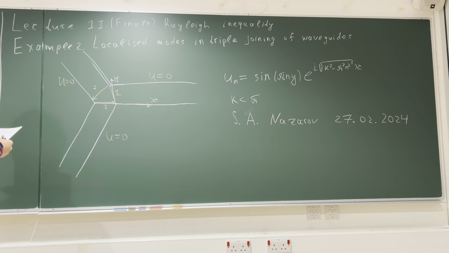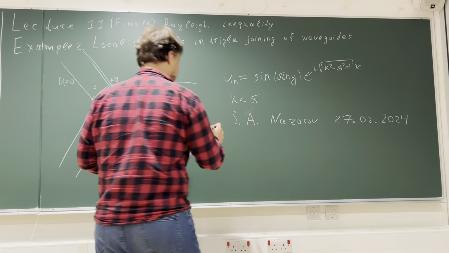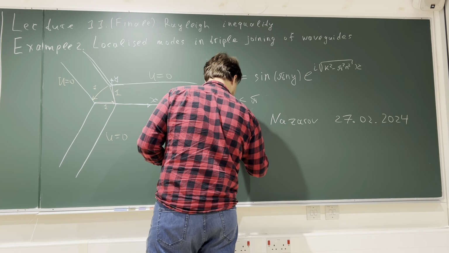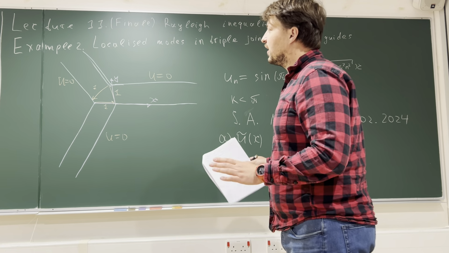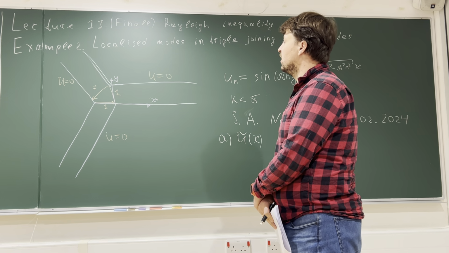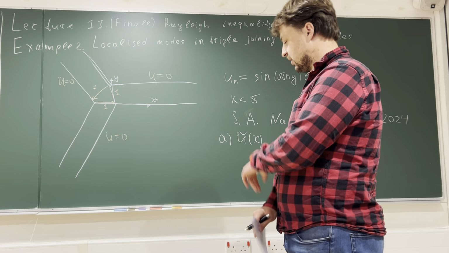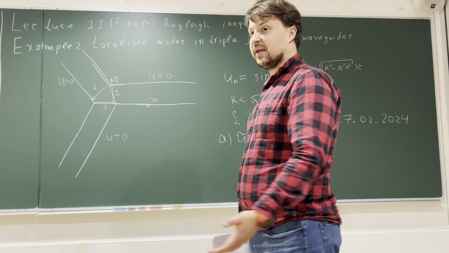So, okay, we are building some test function, and here we have a slight difference from what we discussed last time, because last time we were discussing a resonator with finite area.